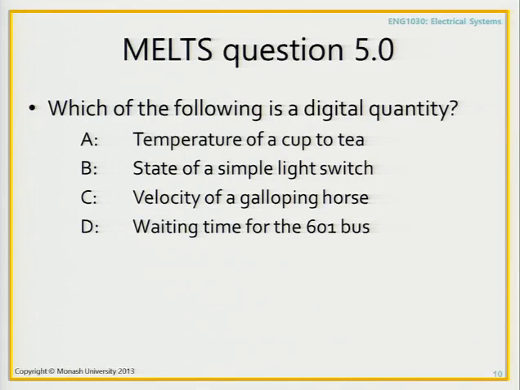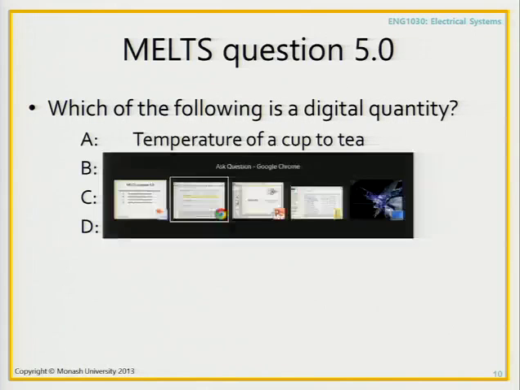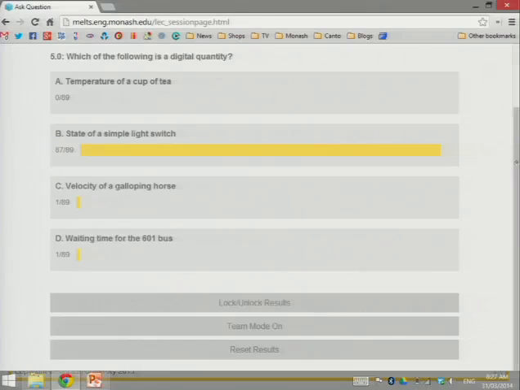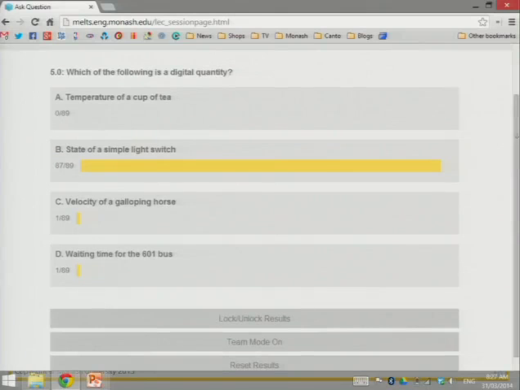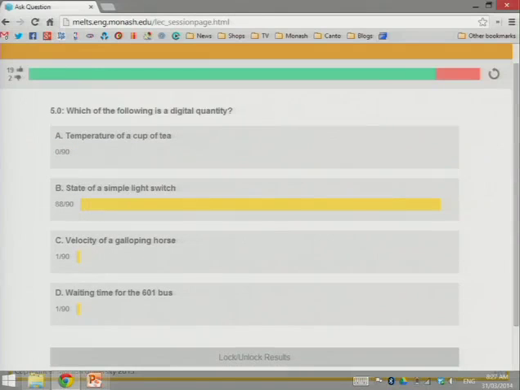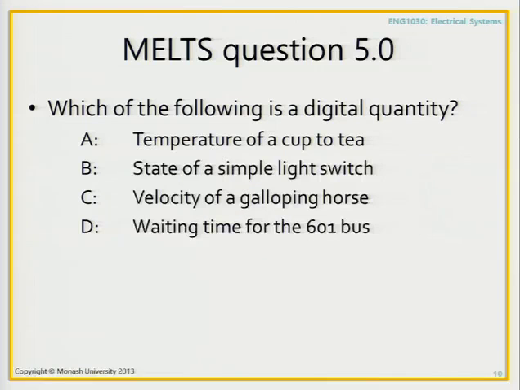All right, so looks like pretty much everyone got it. Did I sway someone with the velocity, the waiting time, late or not late? No, it's definitely the state of a simple light switch, right? So there's a prime example of a digital device, a simple light switch.